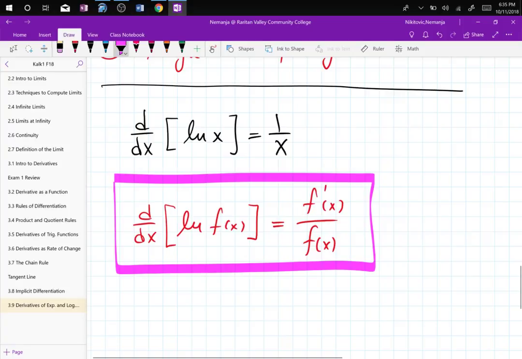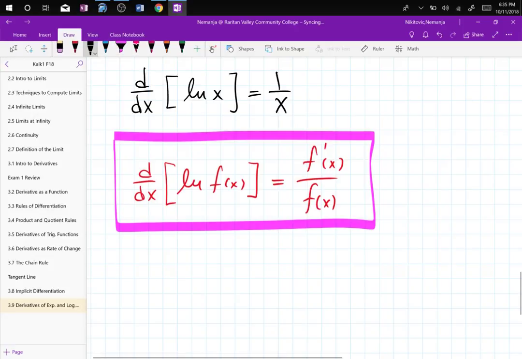And the answer is yes, we can, because we have this new formula here that will work for any base you put out there. So the derivative of log base b, B for base, of any function.